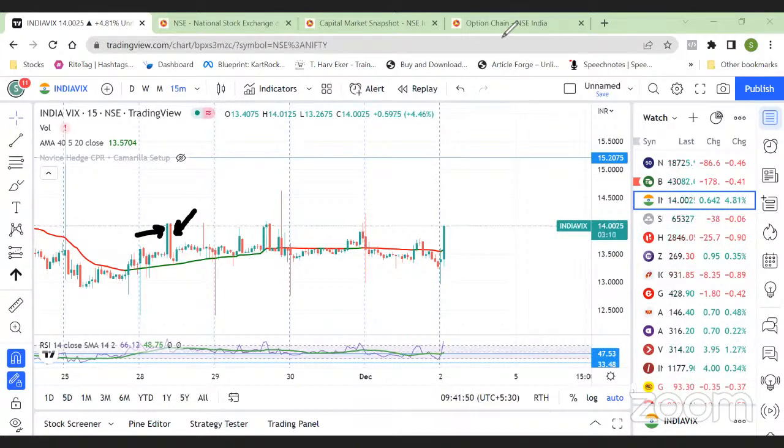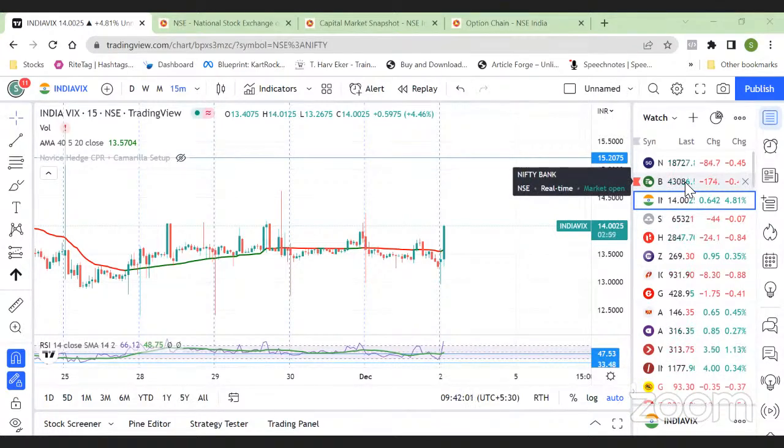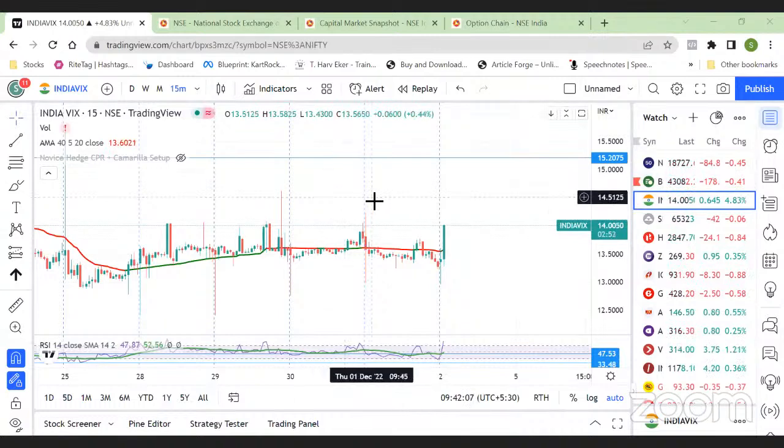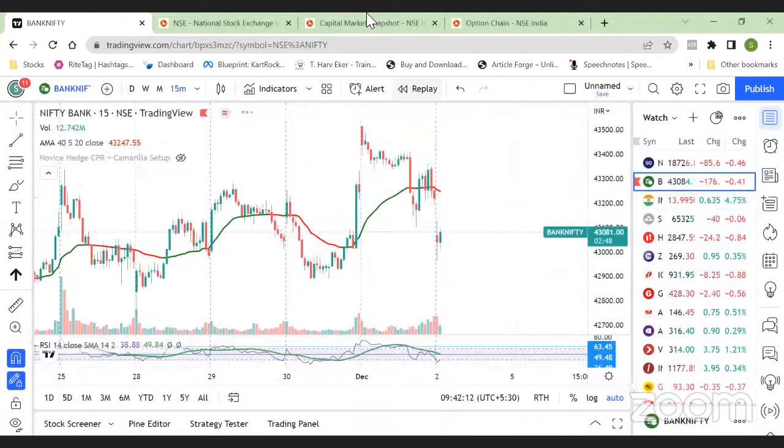So let's see what will happen here, because if you see today, they are not allowing Bank Nifty to come down. All this while they were not allowing the Nifty to come down. Today they are not allowing Bank Nifty to come down.